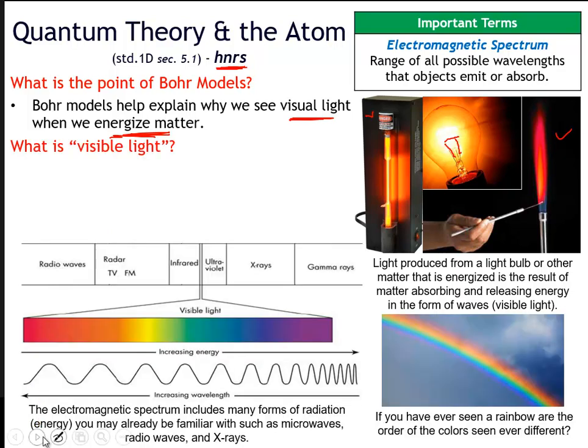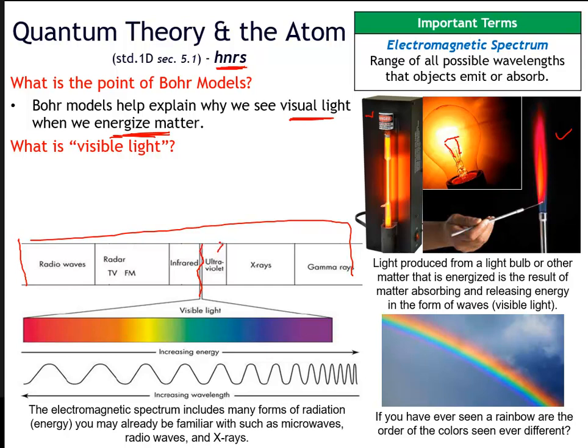So what's visible light? The electromagnetic spectrum is comprised of a lot of different waves, right? All the way from the radio waves that we can hear from our AM or FM stations, to our TVs, to the infrared, the little remotes on our TVs, to the little small sliver of visible light that we detect, right?